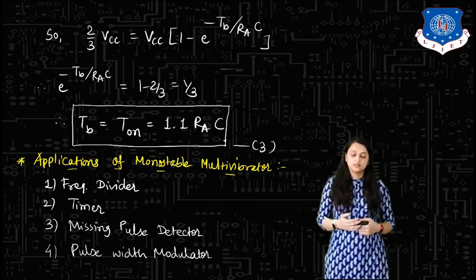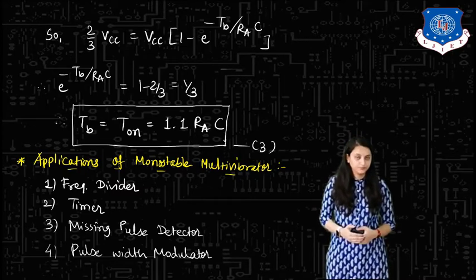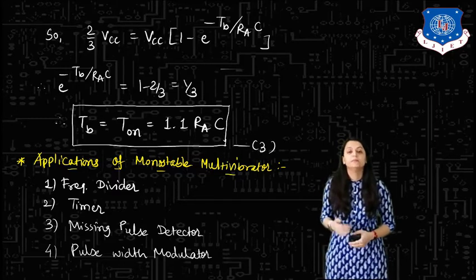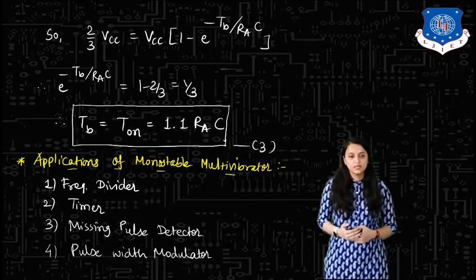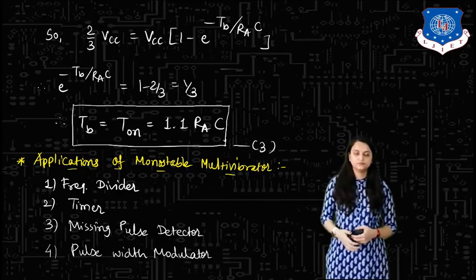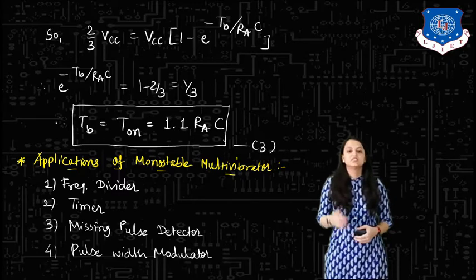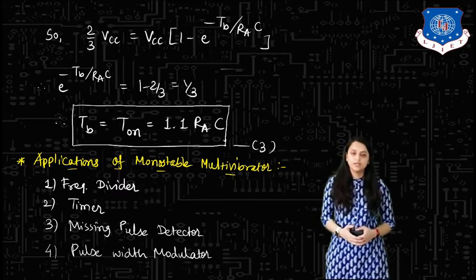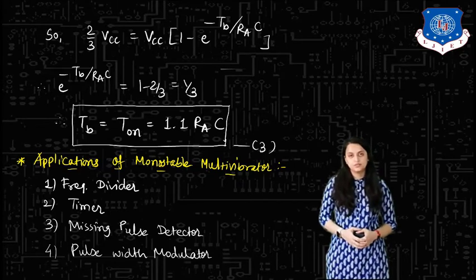The second application is as a timer, because we can adjust the on and off time. The third one is a missing pulse detector. That means we can detect if a pulse is missing somewhere. And the fourth one is PWM, that is pulse width modulator. So these are the applications of monostable multivibrators.